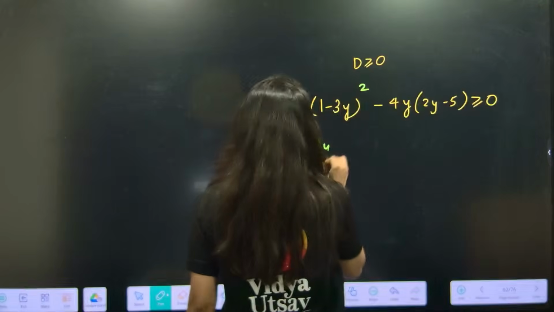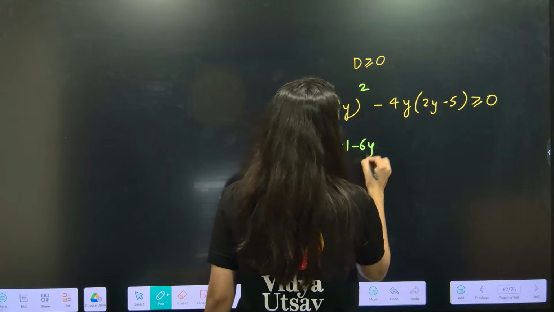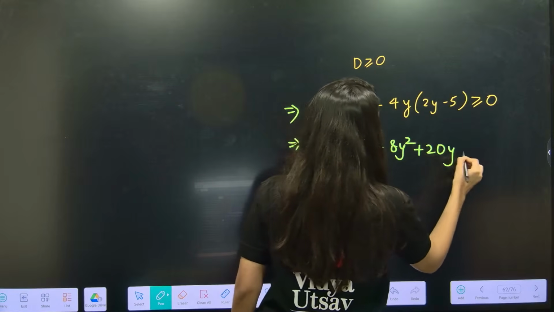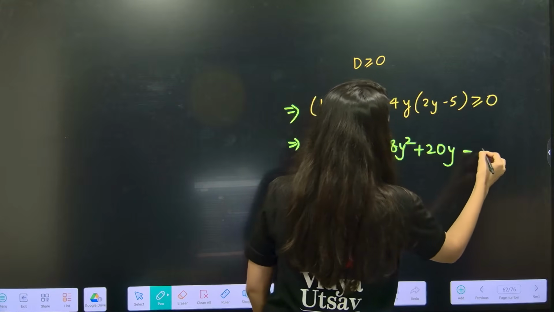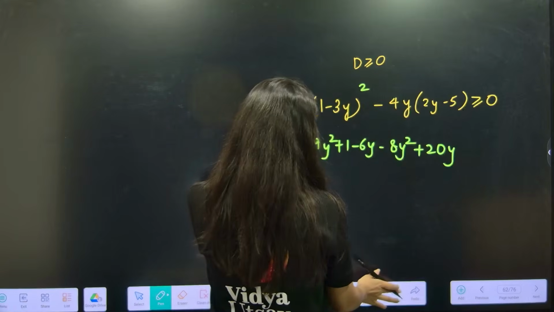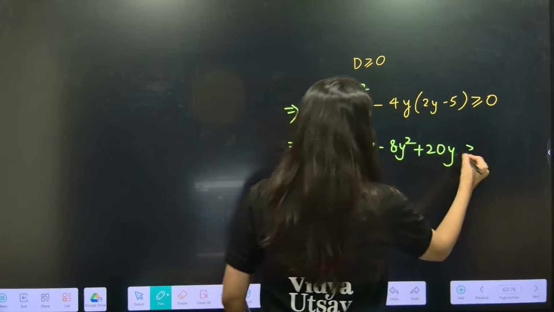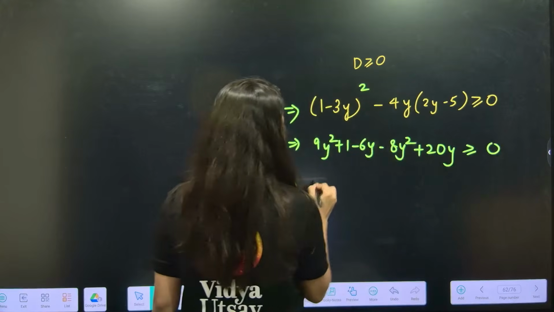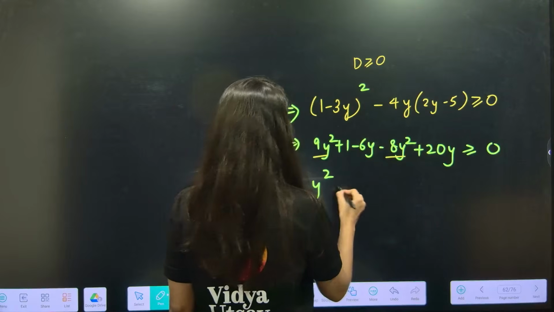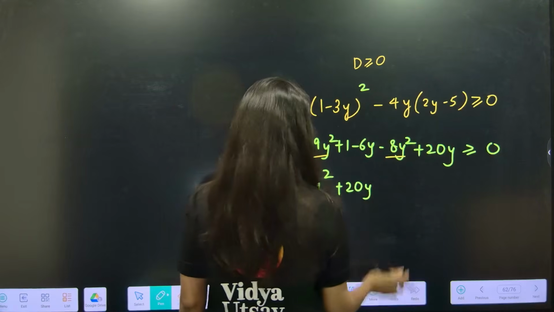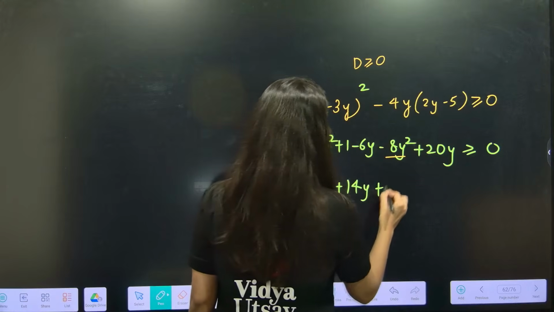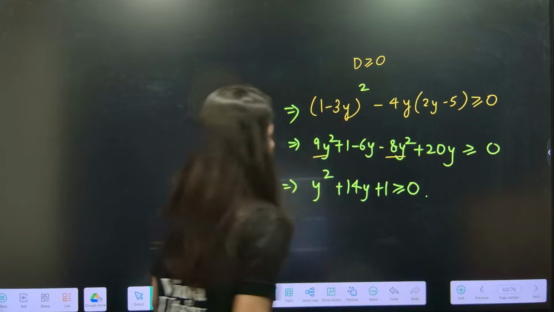So 9y square plus 1 minus 6y minus 8y square plus 20y and minus 20. So now it is y square, correct, plus 20y. So it is going to be 20 minus 6, 14y, plus 1 greater than or equal to 0.